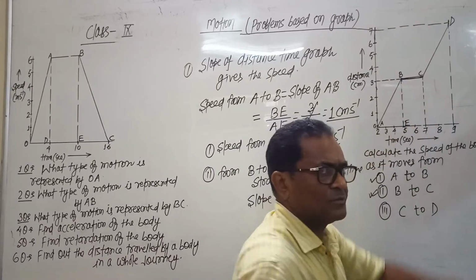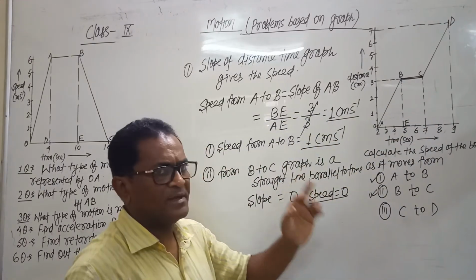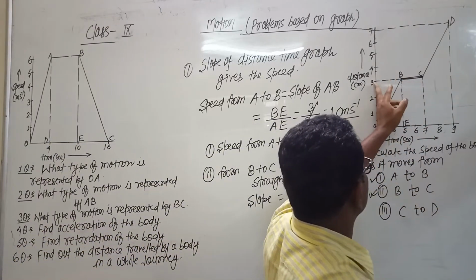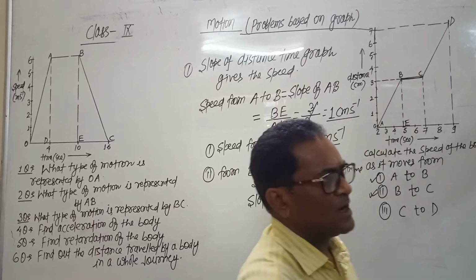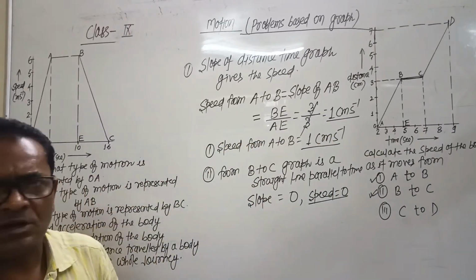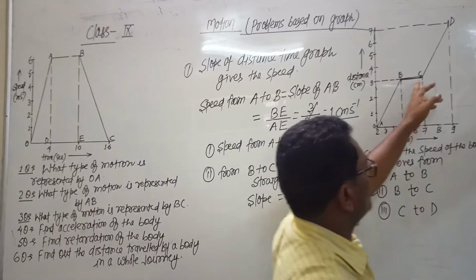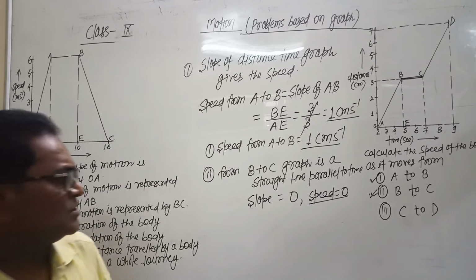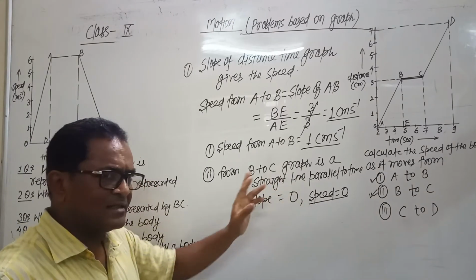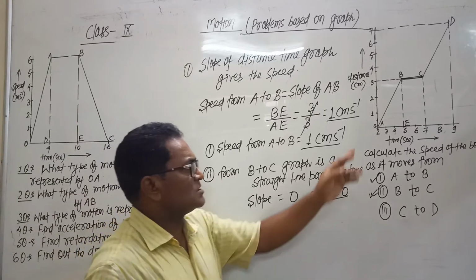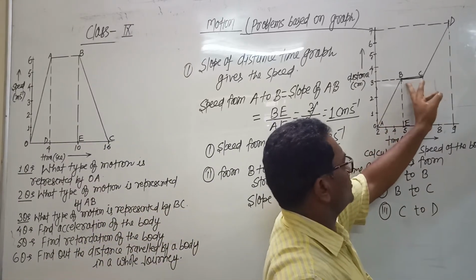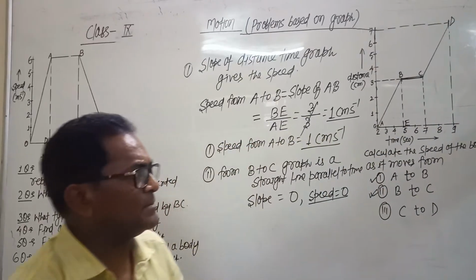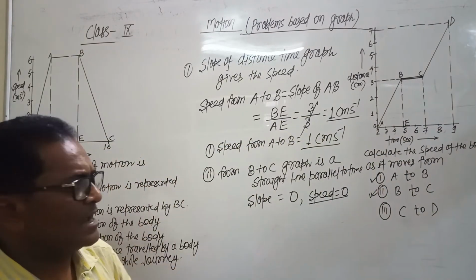The body is at rest. Speed 0 means the body is at rest, because at point B the distance is 3 centimeters and at point C the distance is also 3 centimeters. It means the body is not moving. Why is the slope 0? Because BC, the distance time graph, is parallel to the time axis.